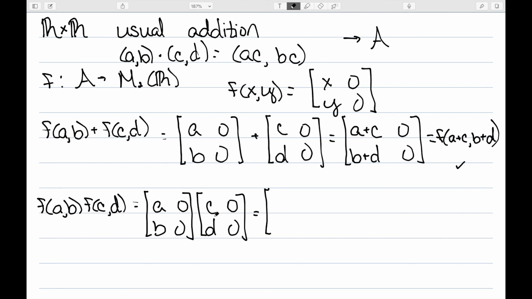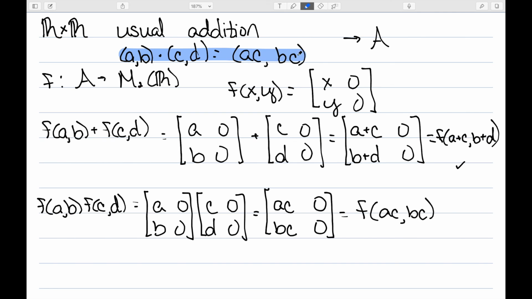That would be ac plus 0, 0 plus 0, bc plus 0, 0 plus 0. This is, by definition, f of (ac, bc). And if I look at my multiplication operation up here, that's exactly what I needed it to be. So yes, this is a homomorphism.